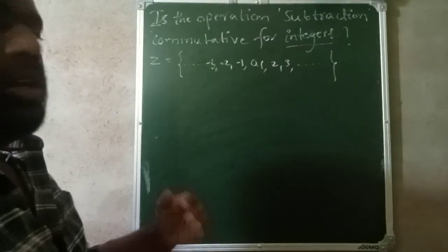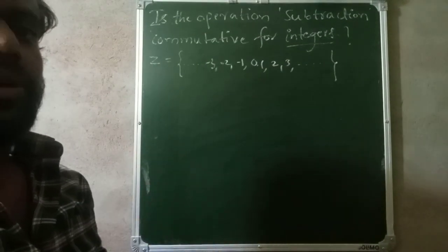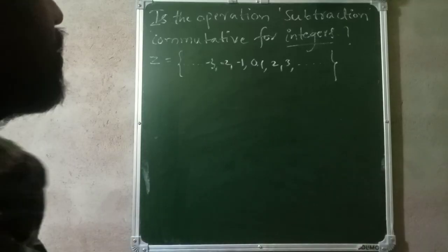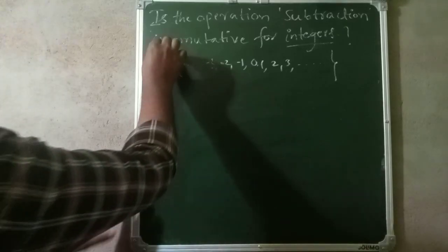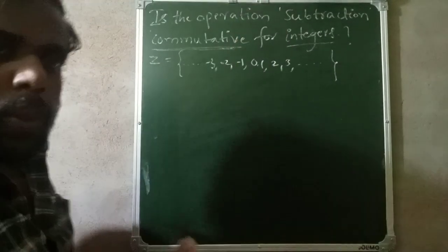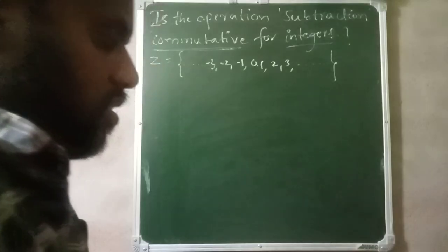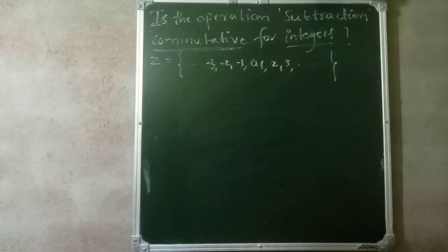In this video I will take more and more examples, and I will try to make you understand. First, to explain commutative, I will write the rule. So this rule you should know.